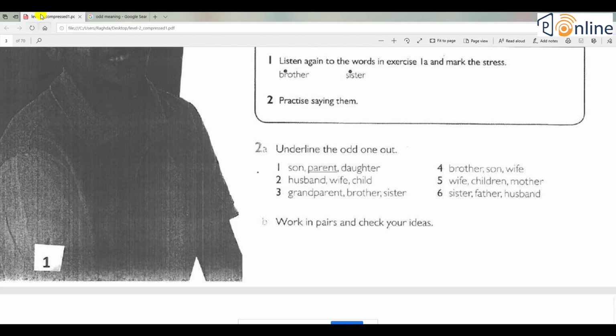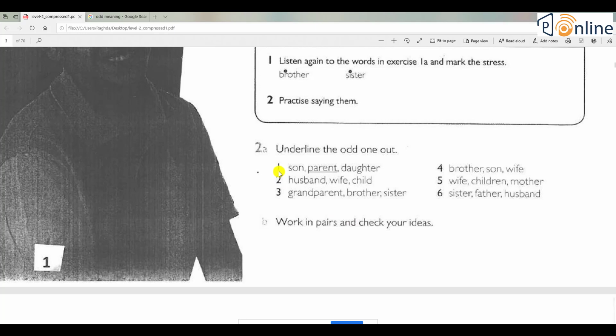So I will read one more time what is required. Underline the odd one out. Now we will not be able to underline, but you will tell me which word from these categories you think doesn't fit there, I mean, shouldn't be there among them.